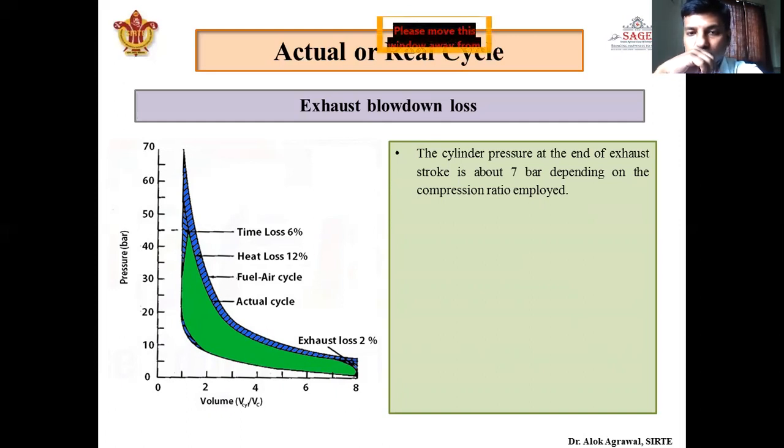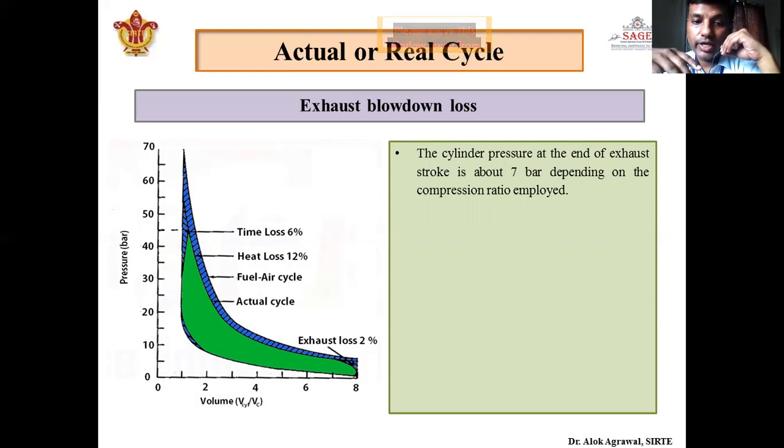Why are we doing this? We are doing this so that when there is the exhaust stroke, the work required to make the exhaust gas go out of the combustion chamber will be reduced. So we are opening the exhaust valve before the power stroke ends.